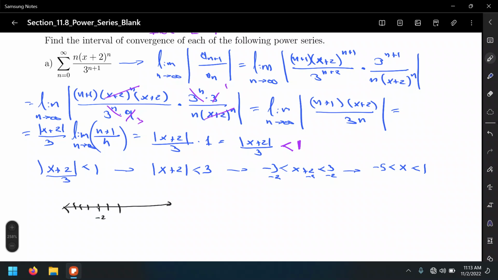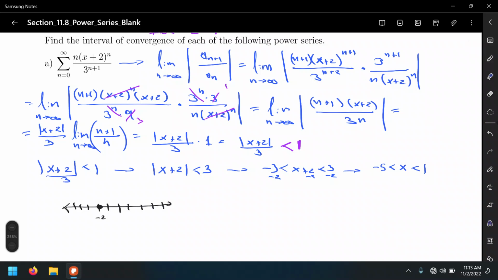So at negative 2, that's the center of the series. That means the values that we plug into the original series that will output a convergent series will vary, centered at negative 2, but within a distance of 3 units away from that center.